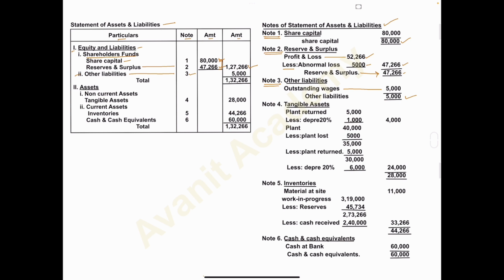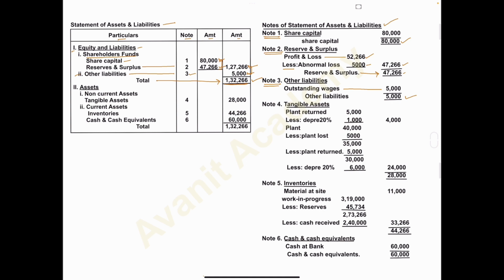Note number 3, outer column right in amount column 5,000, and total of these two, 1,27,266 plus 5,000, you will get 1,32,266. So the liability total is 1,32,266.